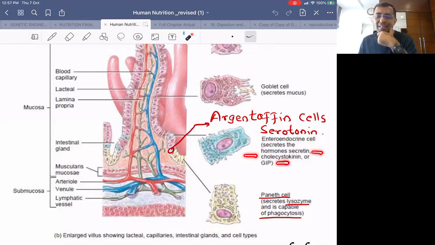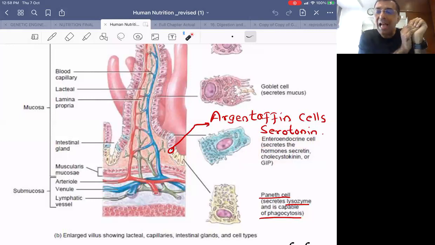You remember, in the stomach, G cells had given the hormone gastrin. Similarly, in the intestine, enteroendocrine cells give out secretin, cholecystokinin, and gastric inhibitory peptide, vital hormones. We'll come to their functions very soon. Who secretes all these important hormones? Enteroendocrine cells.